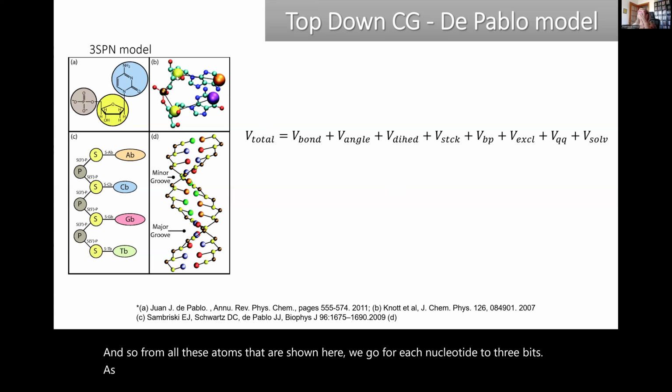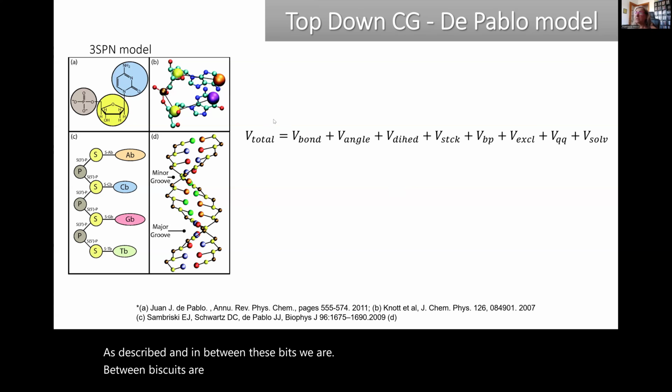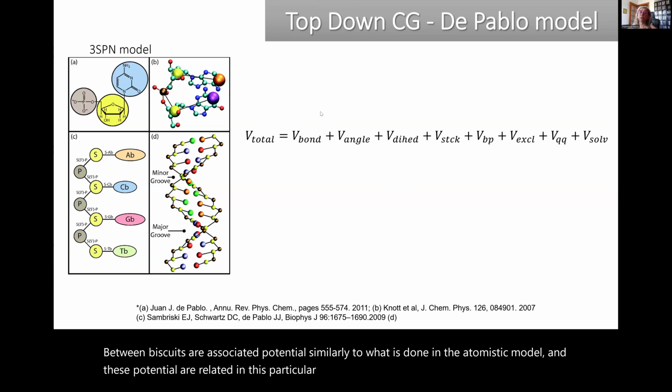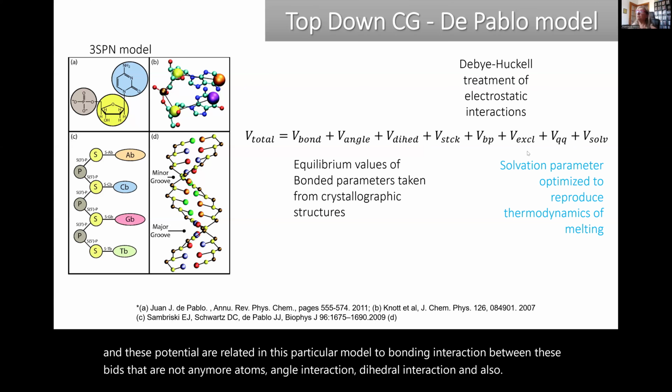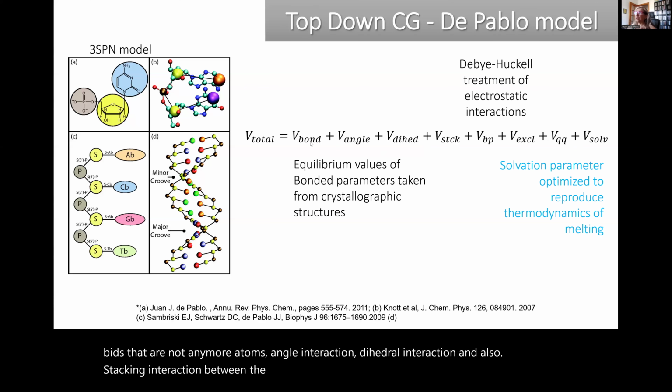And between these beads, potentials are associated, similarly to what is done in the atomistic model. In this particular model, these potentials are related to bonding interactions between these beads that are not atoms anymore, angle interactions, dihedral interactions, and also stacking interactions between the aromatic moieties, and other interactions.